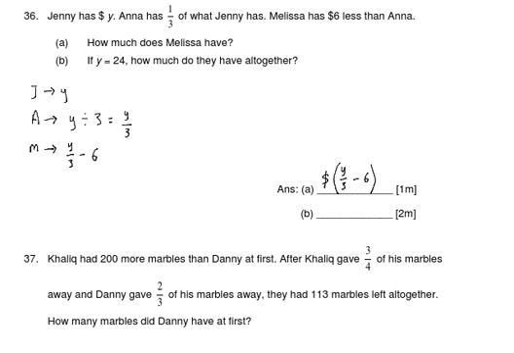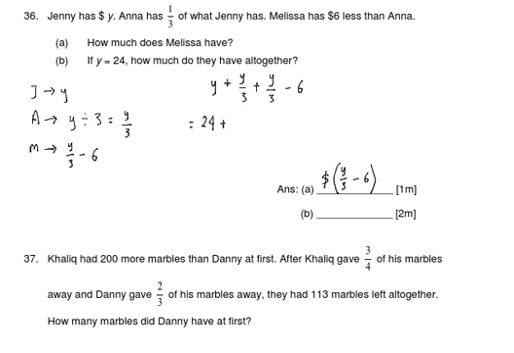If y equals $24, how much do they have altogether? I'm going to show you. Altogether is y plus y over 3 plus y over 3 minus 6. Yes or no? So next, I substitute in my 24. Plus, when you have y divided by 3 is 8, right?